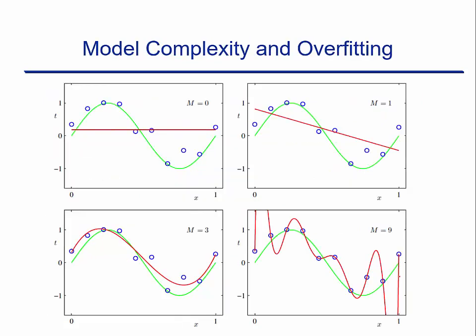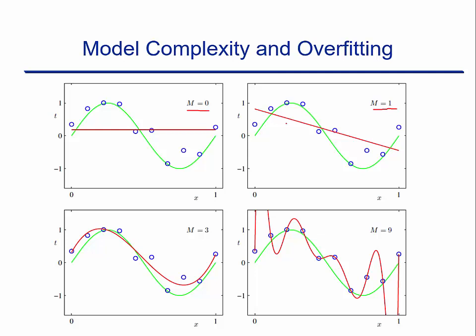Now one problem remains. We need to choose the order of M. Obviously, if M is too small, then the approximation of the curve is not perfect. For example, here we show 4 figures corresponding to 4 different models with different order. For M equals 0 and M equals 1, the model represents 2 lines in the space.